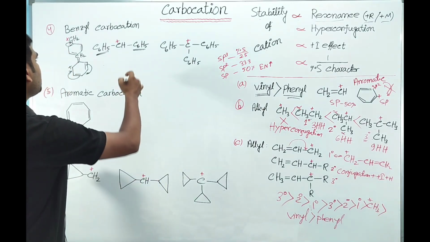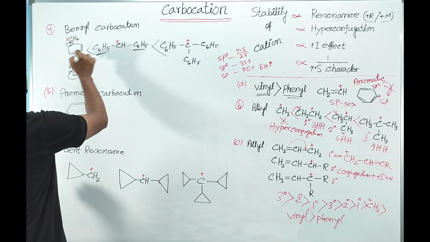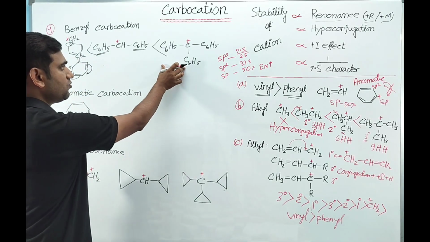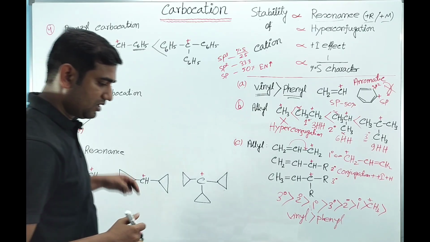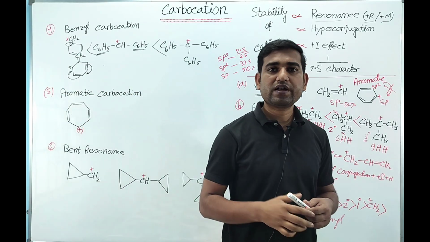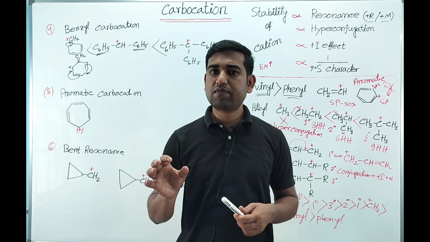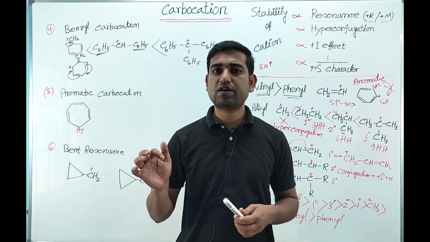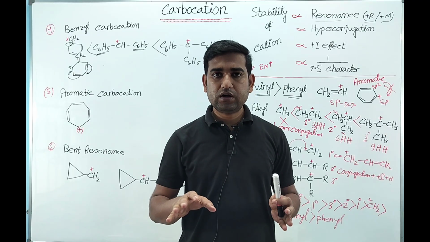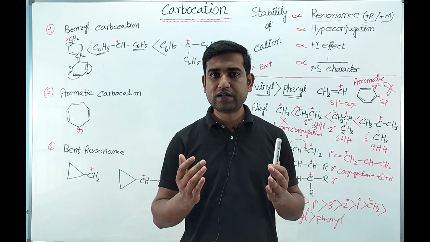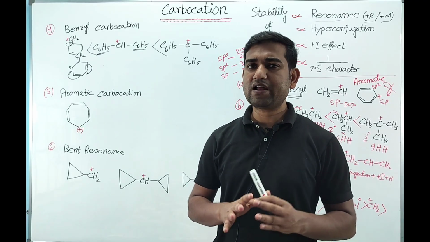So benzyl carbocation stability order: first is this one, 3 degree, 2 degree, 1 degree, meaning this is the more stable by the resonance. And aromatic carbocation means when a carbocation contains 4n plus 2 number of pi electrons, and as all involved atoms are coplanar, this type of carbocation is highly stable by aromaticity.